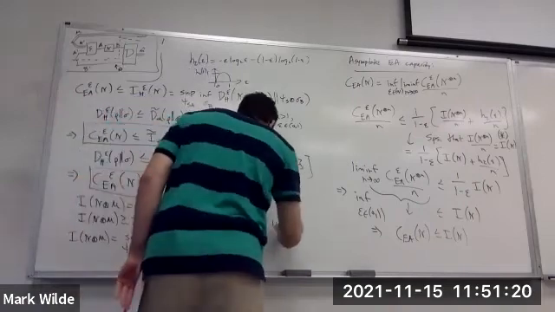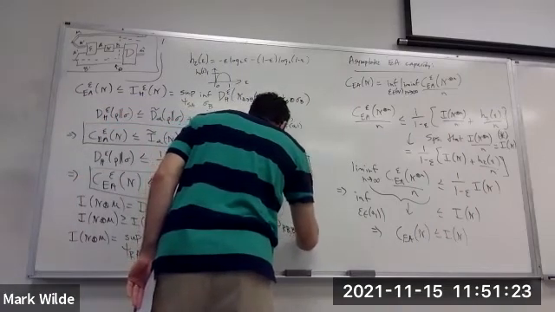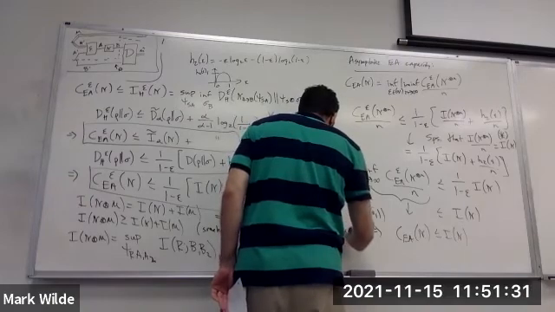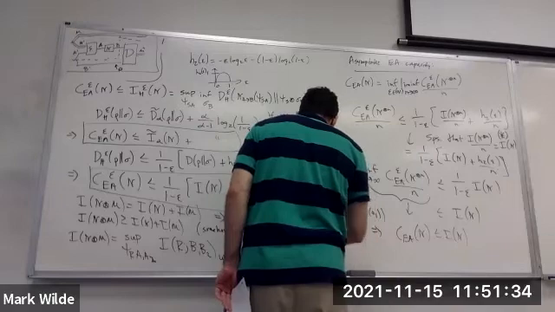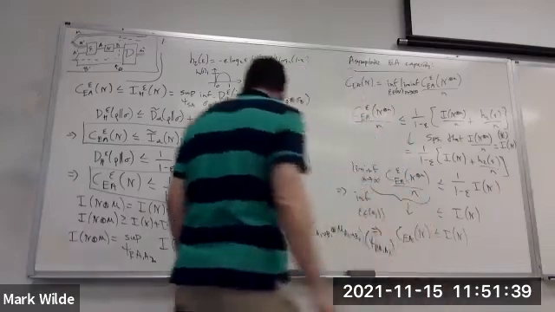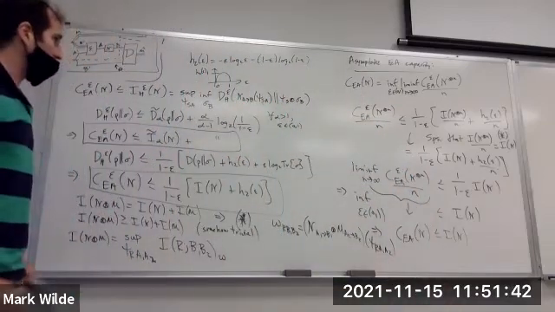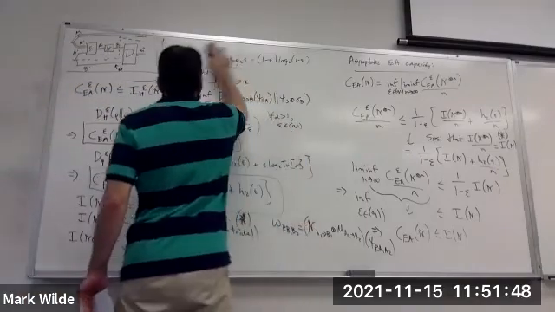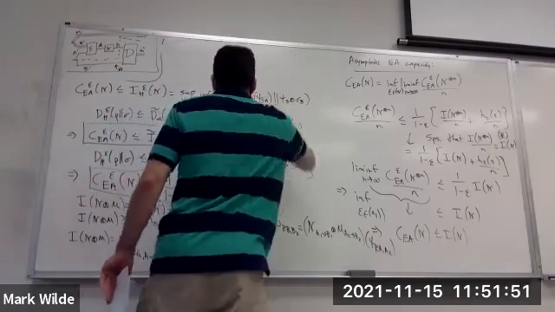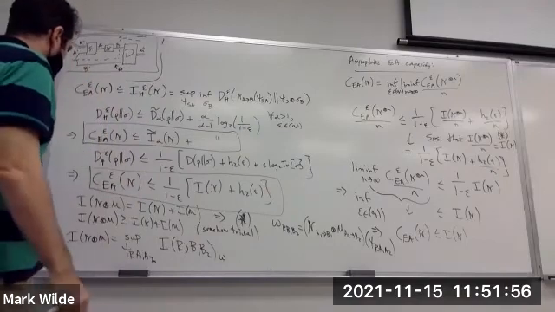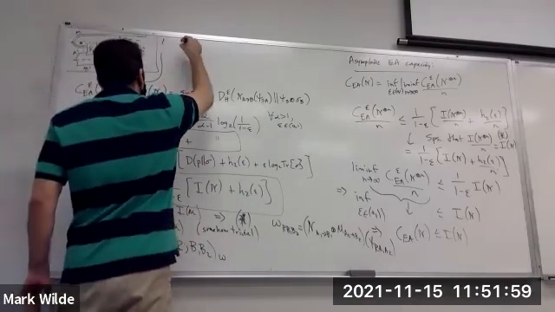And the state omega is defined like this. Okay, so how are we going to do it? We're going to use the chain rule. And then it'll be straightforward.